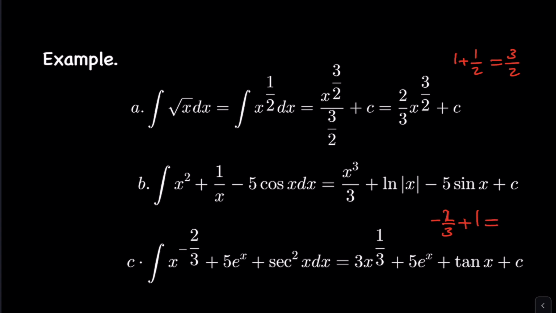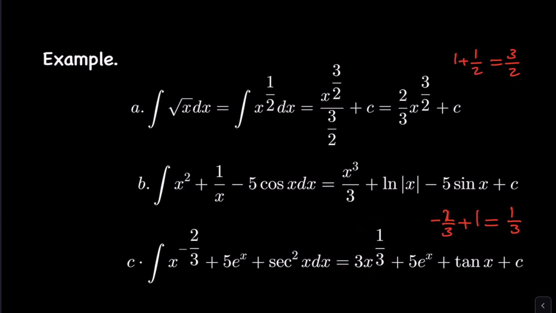And if you add 1 to minus 2/3, that's going to be 1/3. So the antiderivative of x to the power minus 2/3 is going to be x to the power 1/3 divided by 1/3. But if you're dividing by 1/3, it's the same as multiplying by 3. So the antiderivative of x to the power minus 2/3 is 3x to the power 1/3.